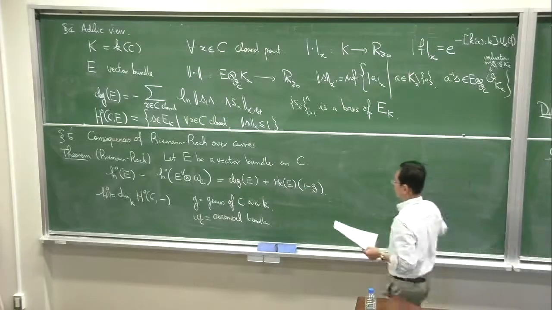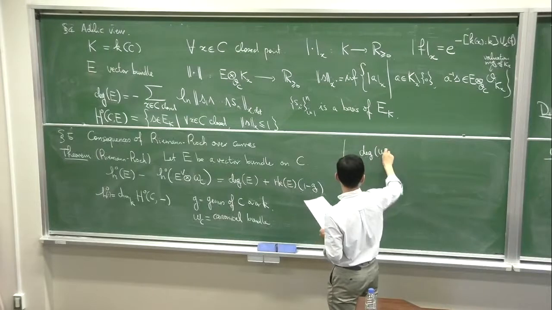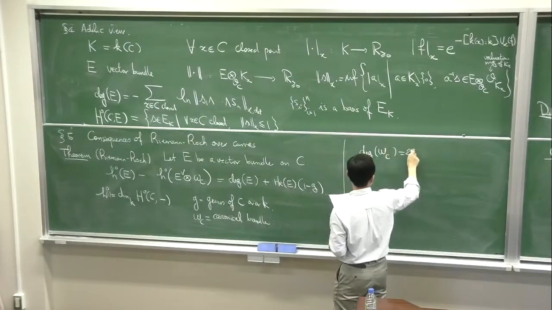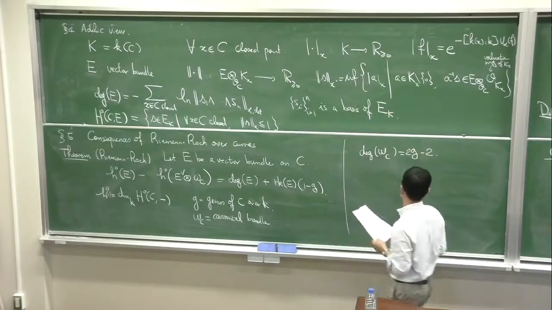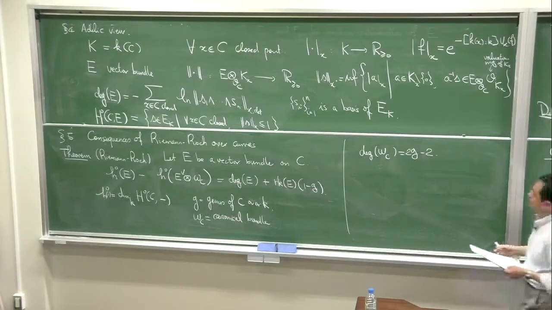Just one small remark is that the degree of ω_C can be computed as 2g minus 2.